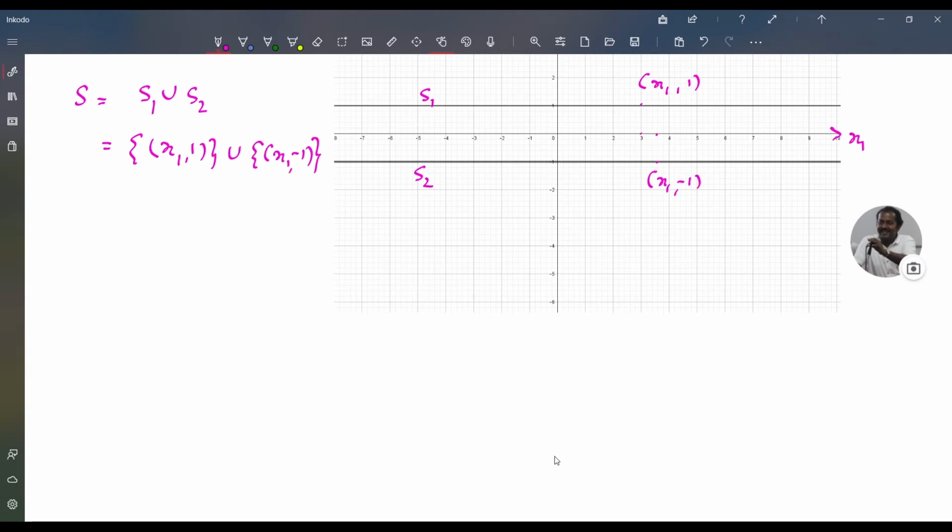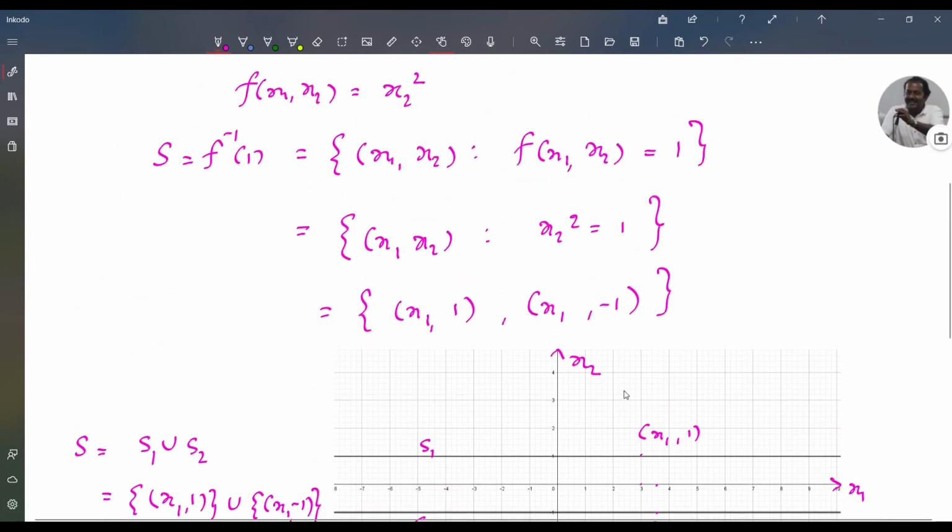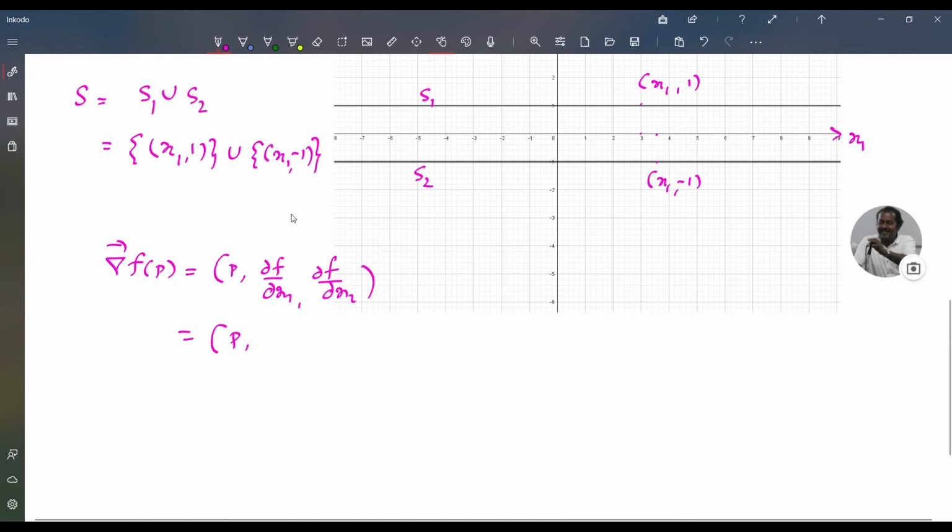And here del f of p is, at p, dou f by dou x1, dou f by dou x2. So this is at p. You know that f is x2 square, so dou f by dou x1 is 0, dou f by dou x2 is 2x2.